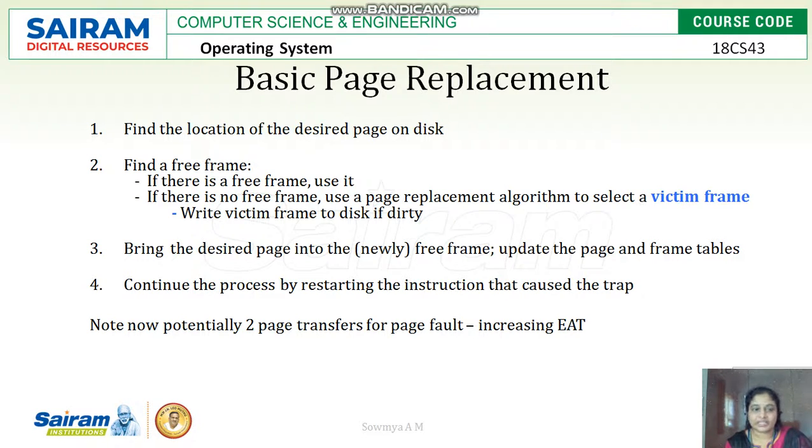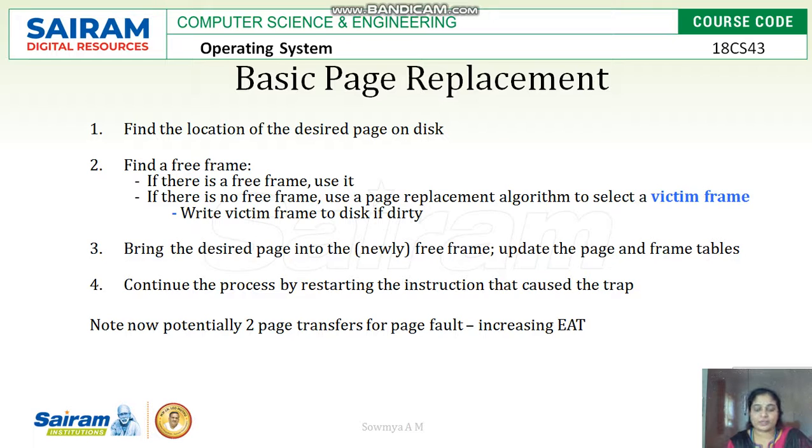Select a victim page. There are many page replacement algorithms, a concept to help with page replacement. Find a frame which is called the victim, meaning the page which can be replaced. Write the victim frame to the disk if needed.